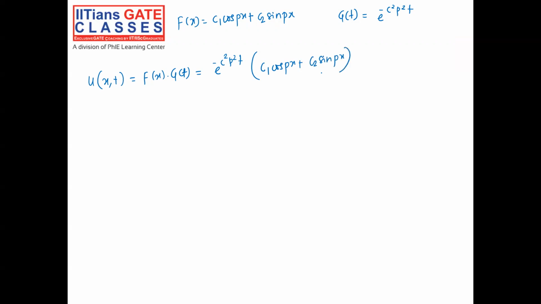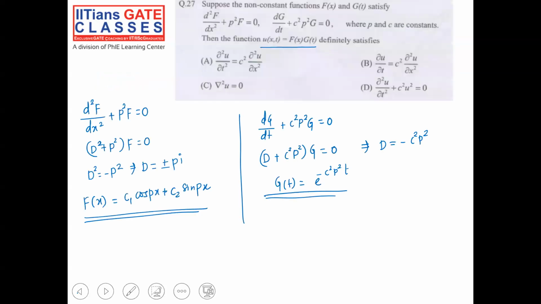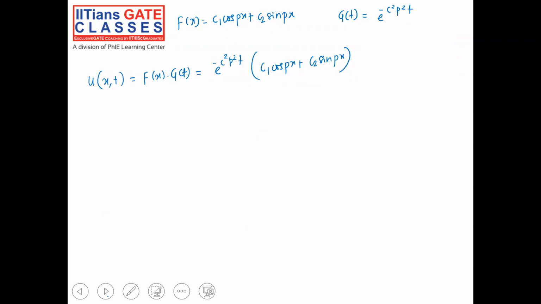Okay, so let's take the first derivative with respect to t, which is dou u by dou t, and that is equal to minus c square p square e to the power minus c square p square t, and the rest of the term will remain as it is, which is in terms of x, so we have to treat it as a constant.